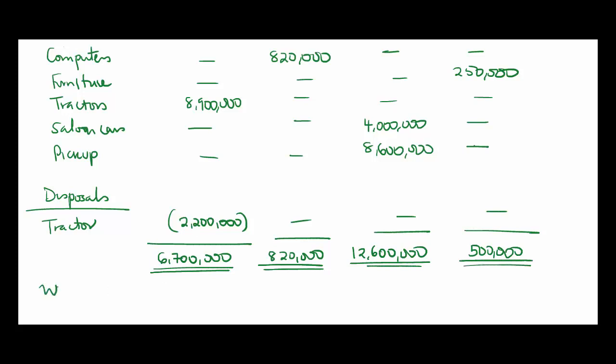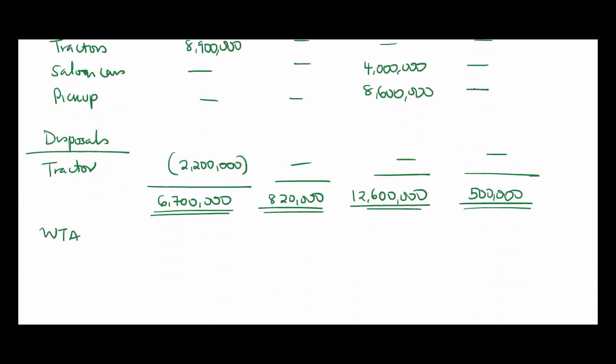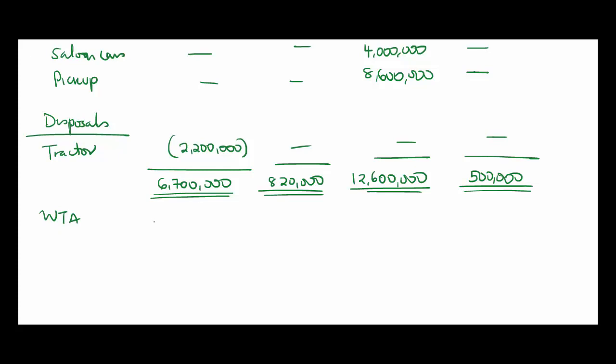So let's now compute the wear and tear allowances on these based on the rates that we had set out above. So class 1, class 2, class 3, and class 4.